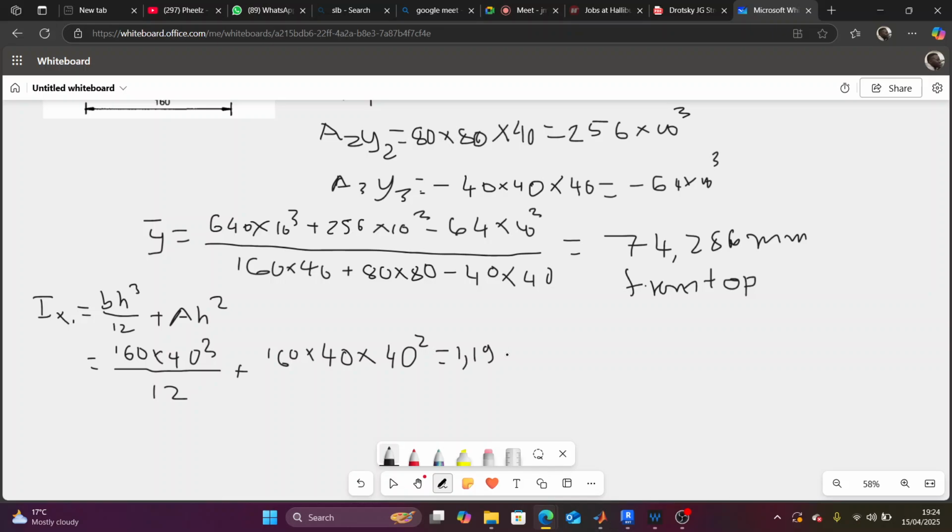There's no times 10 to the something, just like this. Times 10 to the power 6 millimeter 4.